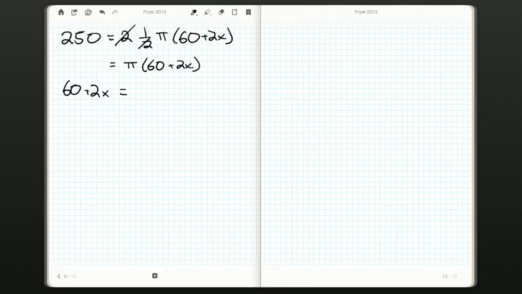Yeah, 60 plus 2x is going to be 250 divided by pi, and we can start putting that into our calculator because once again we're going to be asked to round to the nearest meter. So we're definitely going to need to actually get approximations in here rather than just leave things in exact form. So this one here is about 79.5.